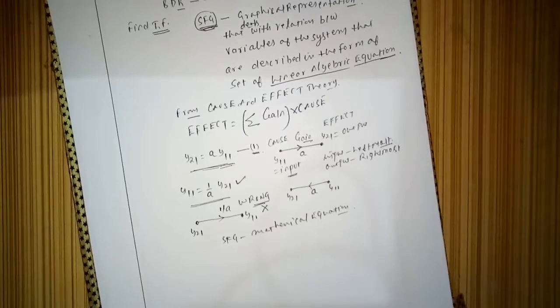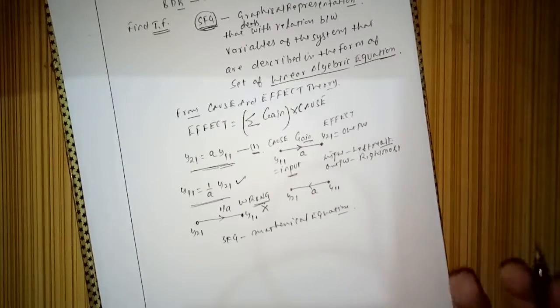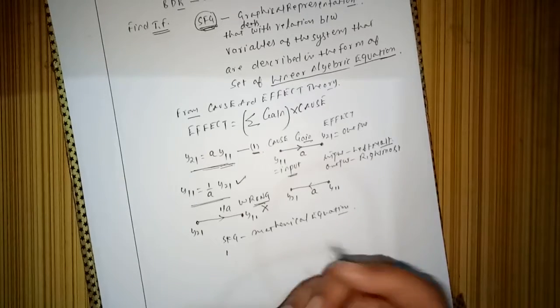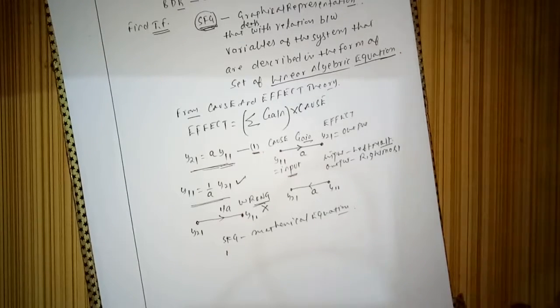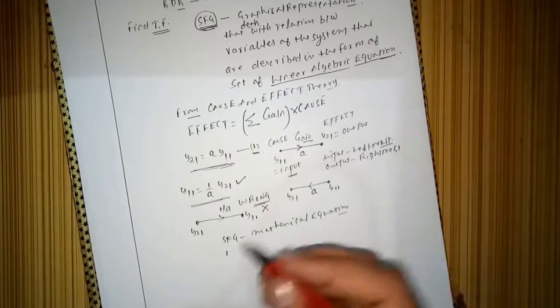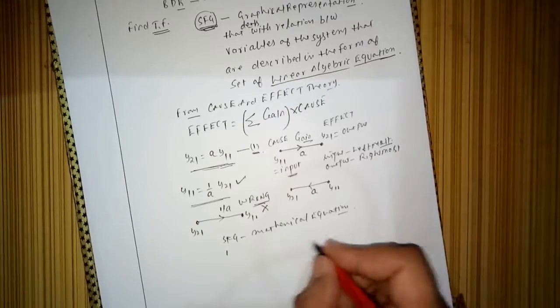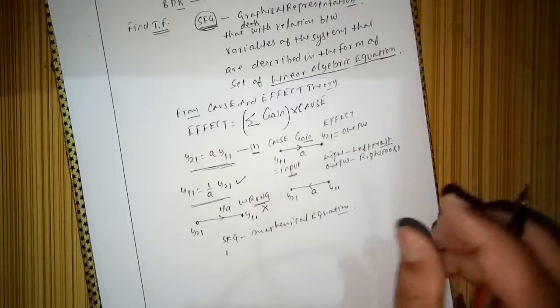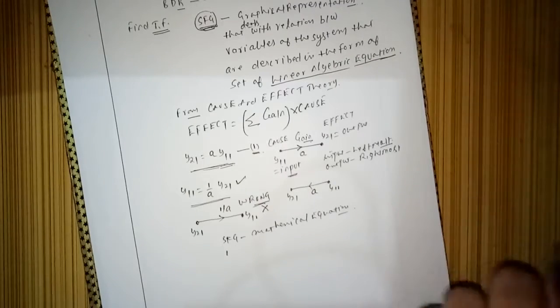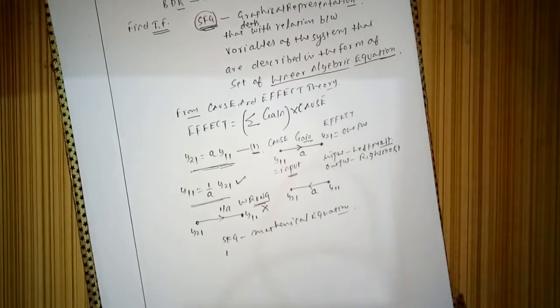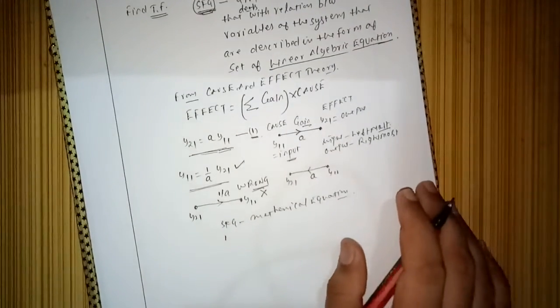When we were discussing block diagram reduction, that method was very liberal. It may be complex, but it was very liberal. We were only associating some gain and just manipulating our circuit and getting the result, but that is not the case with signal flow graph, right?